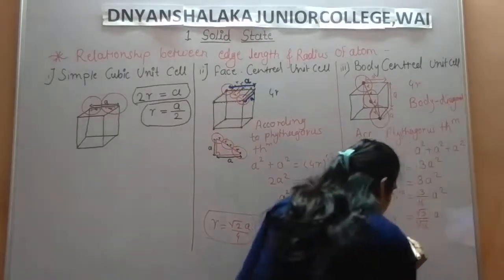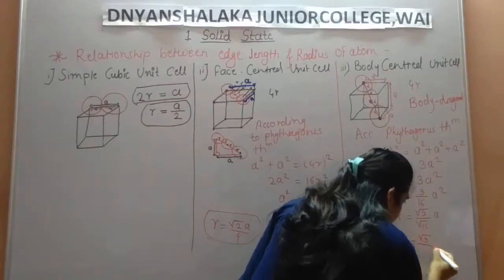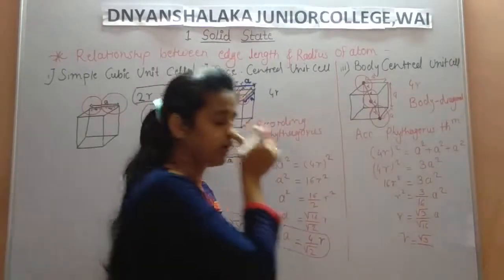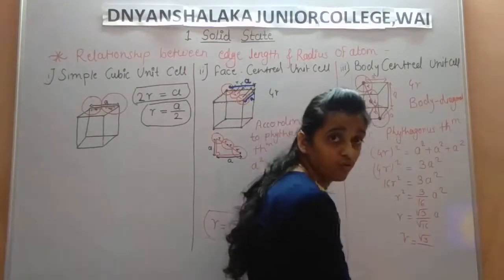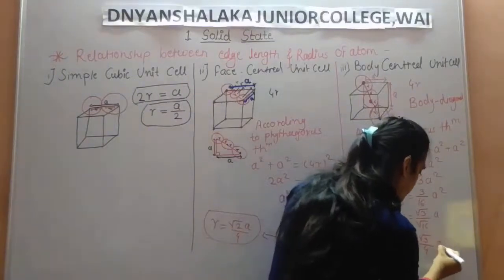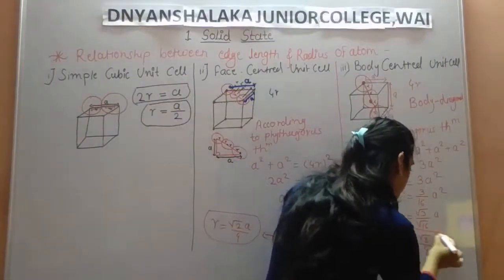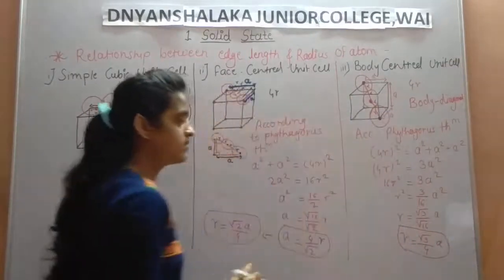So r is equal to root 3, same as it is, because root 3 square. We do not know about a square of root 3. So next, root 16 means 4 into a. So we get the first relationship between edge length and radius for the body center unit cell.